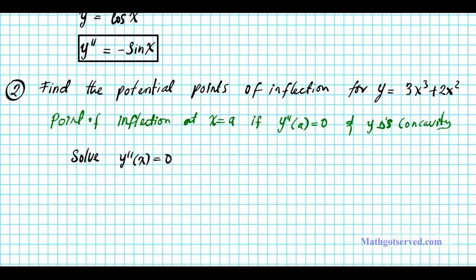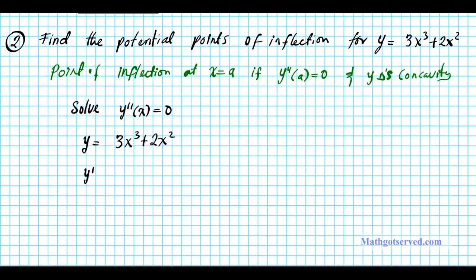We know that y equals 3x to the third plus 2x squared. The first derivative, y prime, is equal to 9x squared plus 4x. The second derivative, y double prime, which helps us find the potential points of inflection, is going to be 18x plus 4.